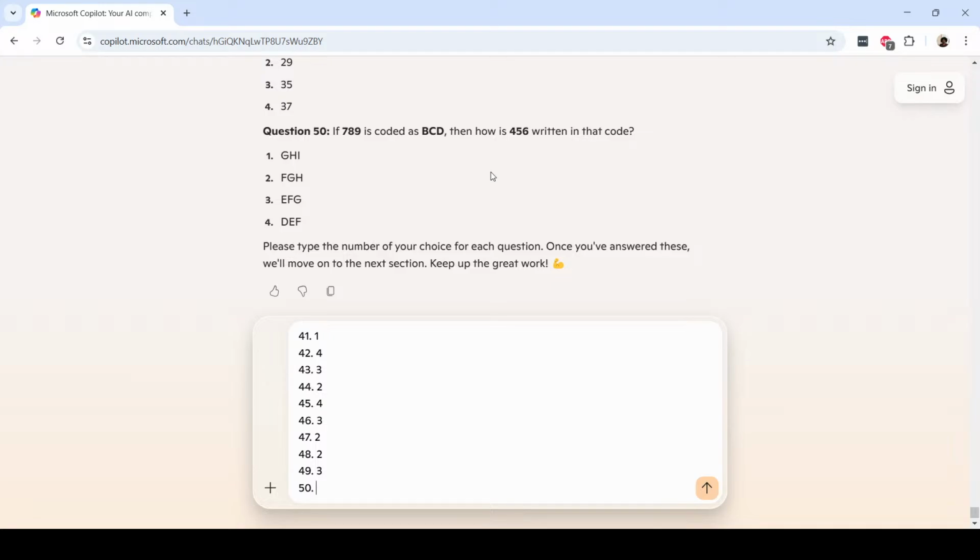So G, H, I, F, G, H, E, F, G, or D, E, F. But D is already there. So we would go with E, F, G.